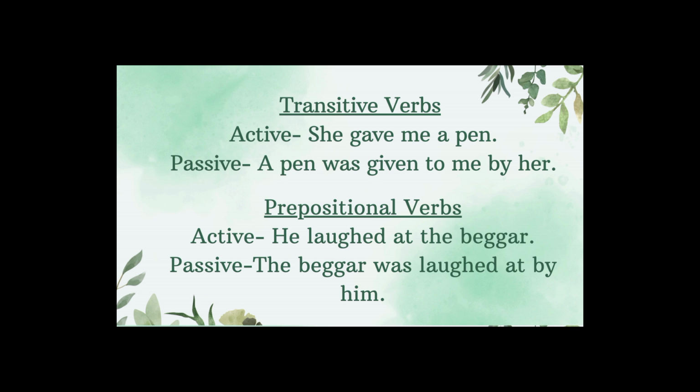The one is: a pen was given to me by her. Here you have used a pen as the subject in the passive voice. The other way is you may use me as the subject: I was given a pen by her. So these are the two ways of transforming from active to passive voice in transitive verbs.